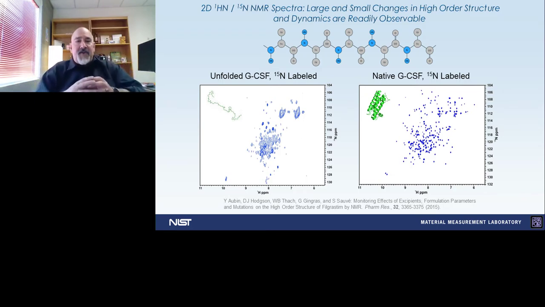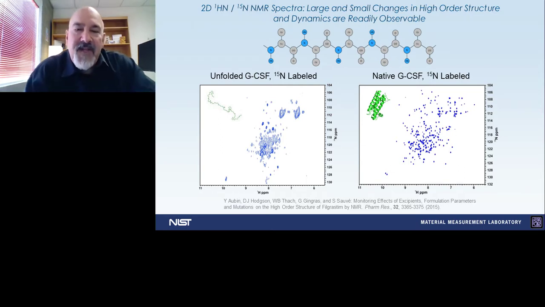Now, in the area of structural biology, where we use NMR, it's very well known that the 2D hydrogen-nitrogen correlation spectrum is closely associated with the particular structure of a protein and very indicative of small structural features.